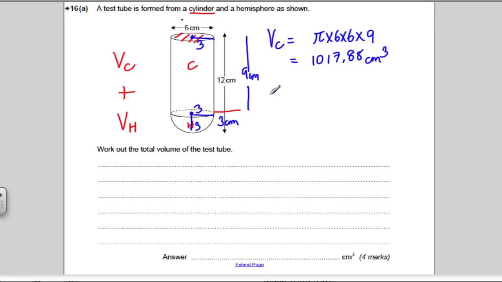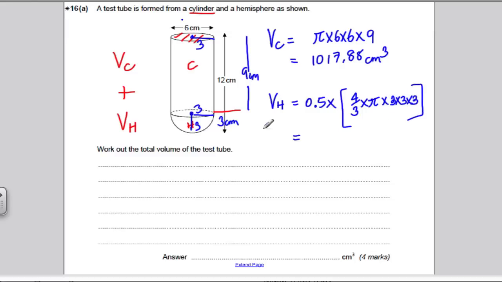Well, what's the volume of the hemisphere? A hemisphere is half a sphere. So it's 0.5, half of the volume of a sphere, which if we look in our formula booklet, we're given as 4/3 times pi times r cubed, and r in this case is 3. So times 3 times 3 times 3.